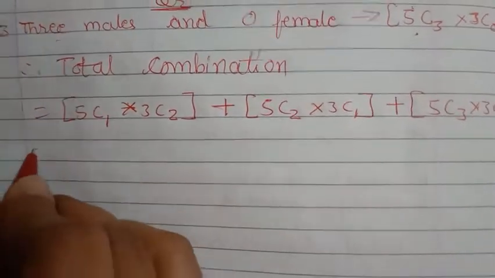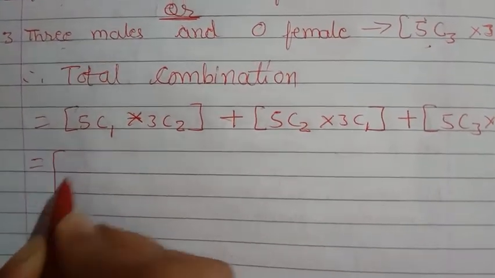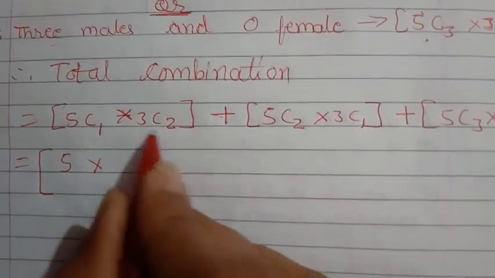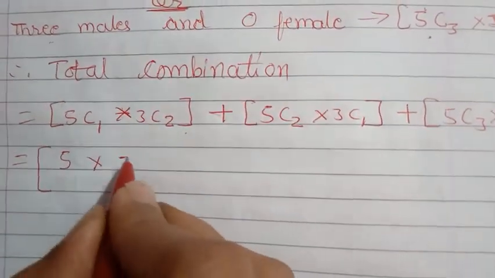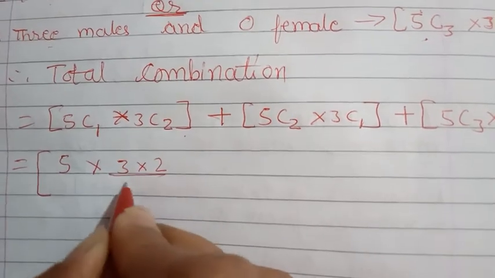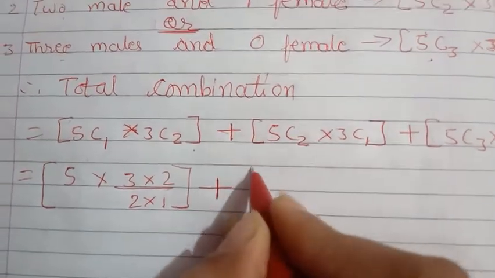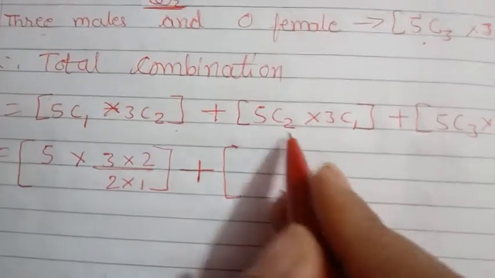Now let's solve this. So 5C1 is equal to 5 into 3C2. So that is 3 multiplied by 2 upon 2 into 1 plus second option 5C2.